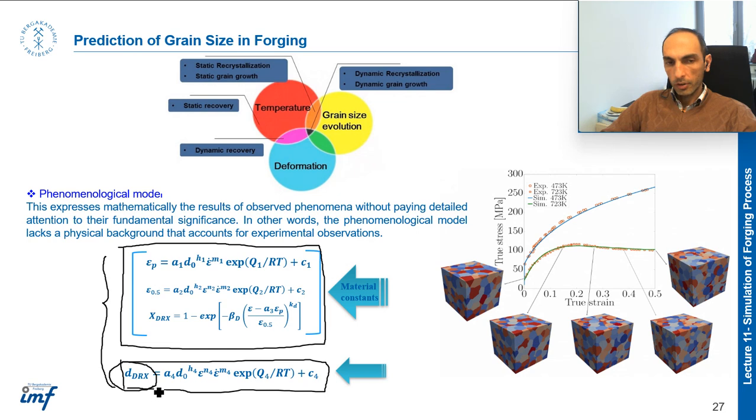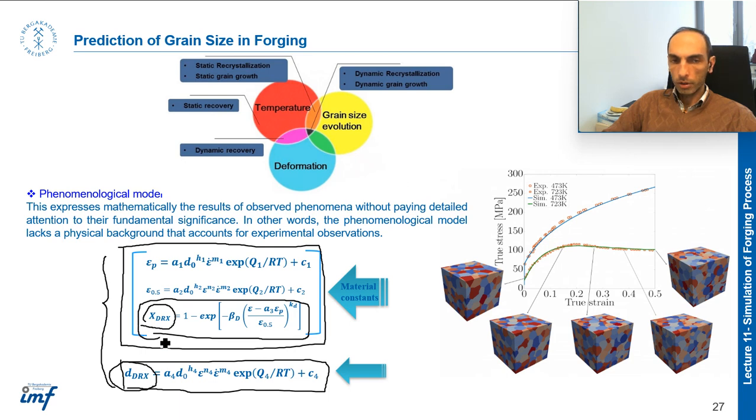So you should make a kind of average to predict the overall or average grain size. So you need these two: X_DRX, which is the fraction of dynamic recrystallization, and D_DRX, which is the grain size.